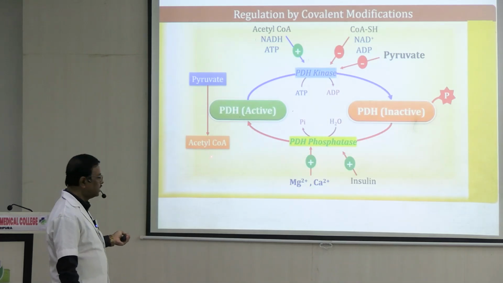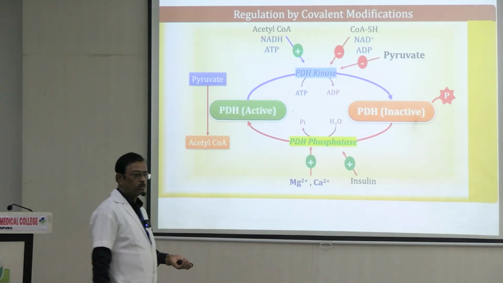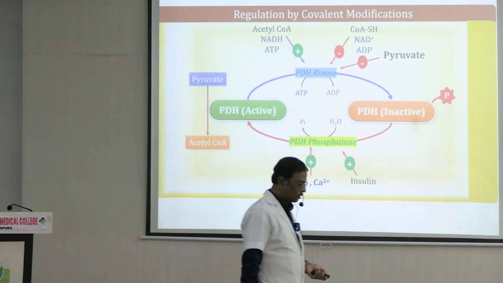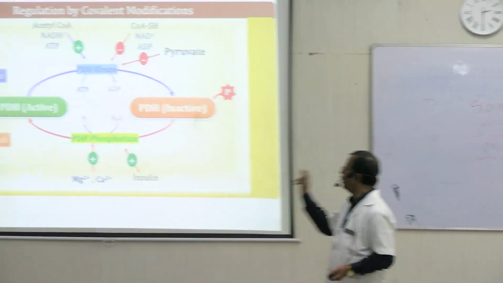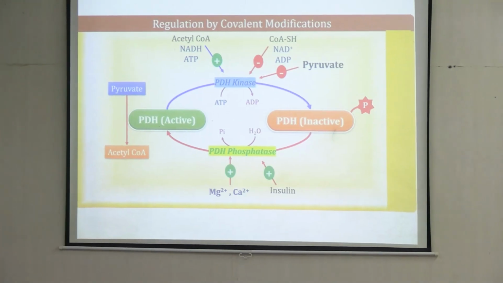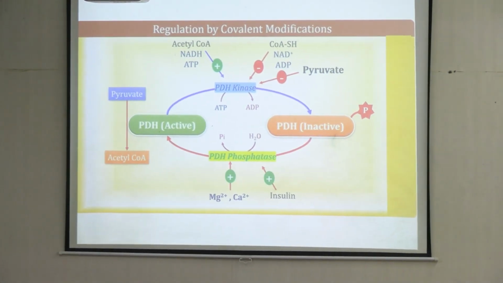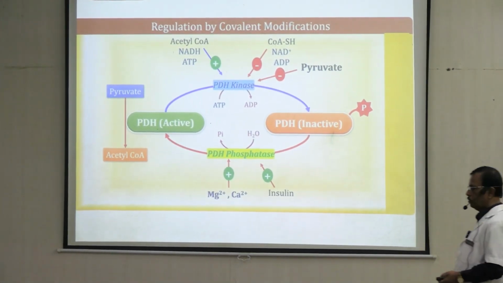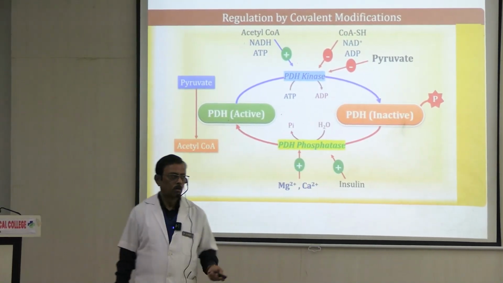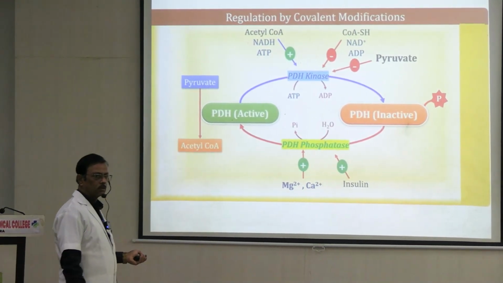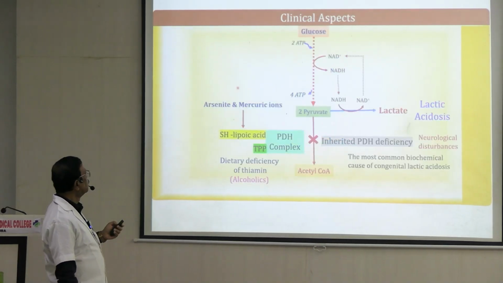There is increased acetyl-CoA, and more acetyl-CoA will take part in the TCA cycle. More energy will be generated. This is the covalent modification, meaning regulation of the pyruvate dehydrogenase complex by covalent modification.